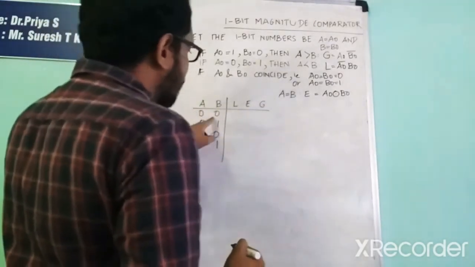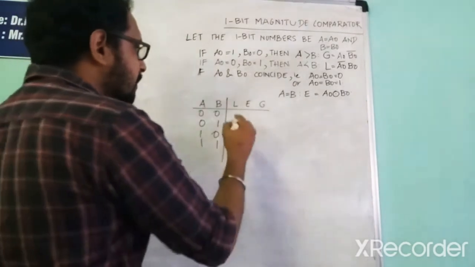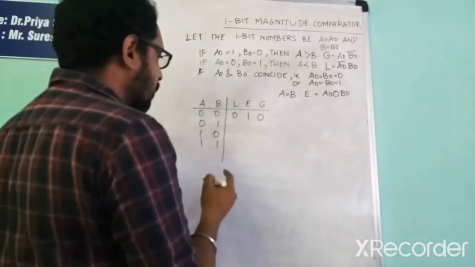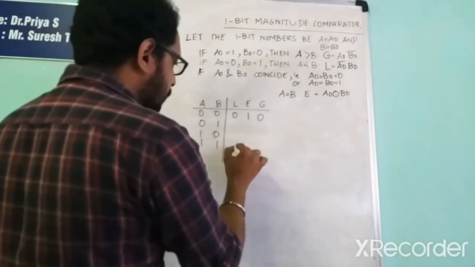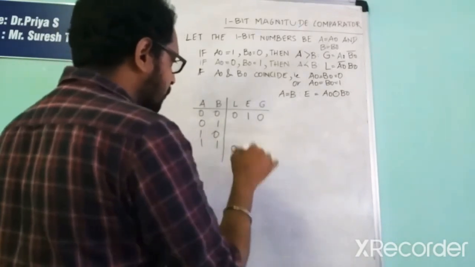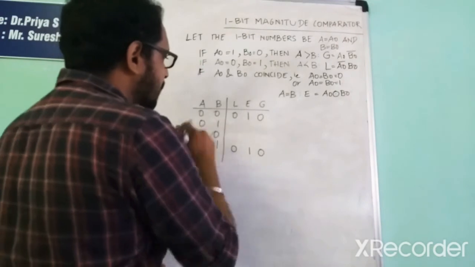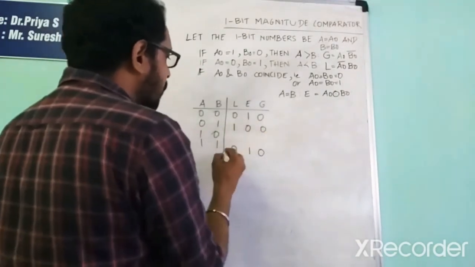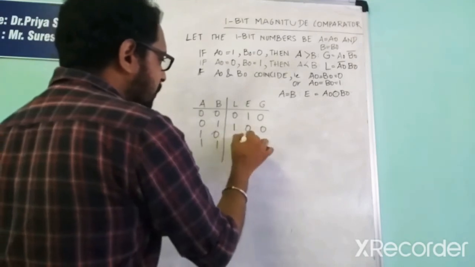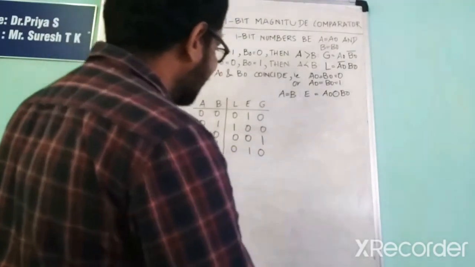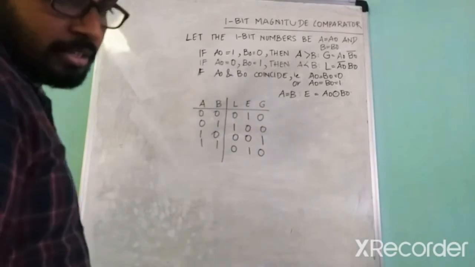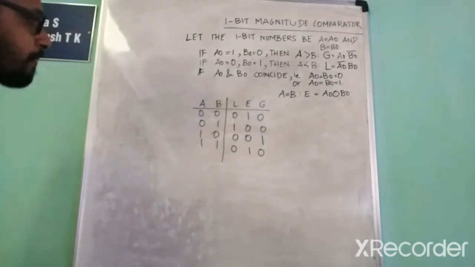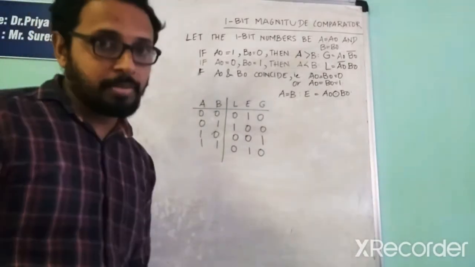When both A and B are zeros, equality becomes 1 and the rest become 0. The same is the case for 11: equality becomes 1, other outputs are 0. When A is less than B, we have the less than condition. When A is greater than B, we have the greater than condition. Yes, it's correct.